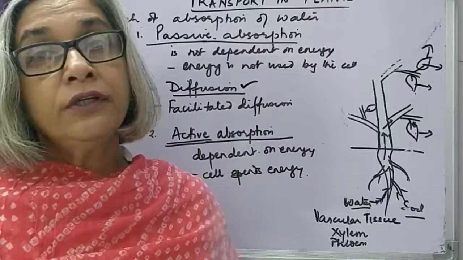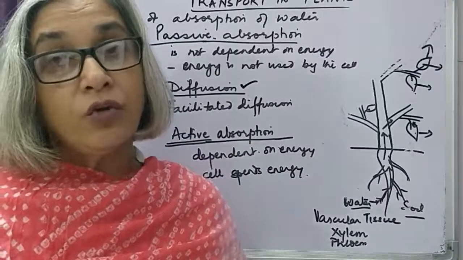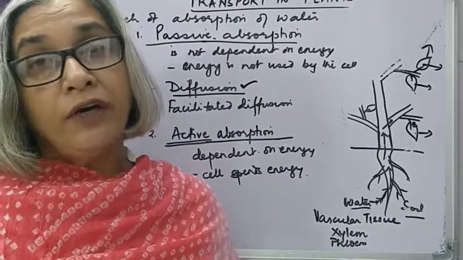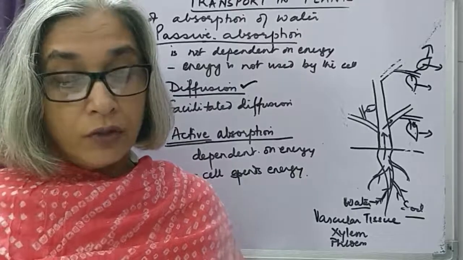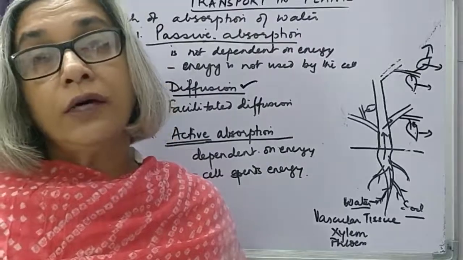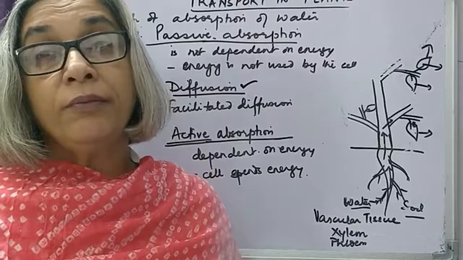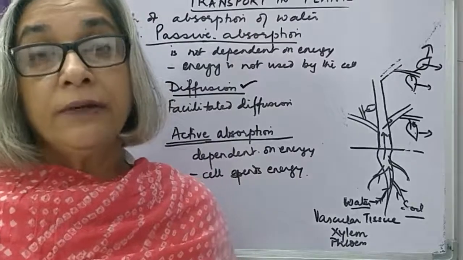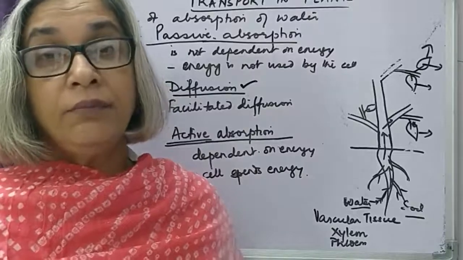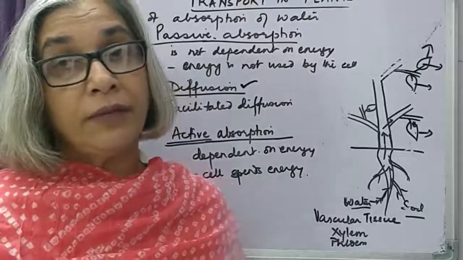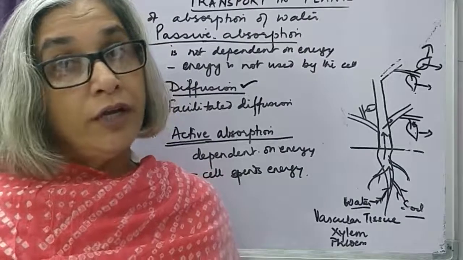The diffusion rate is dependent on temperature, on pressure, on the gradient of concentration, and also on the permeability of the membrane that separates the two regions. In a living system, there will be a cell membrane, so it depends on the permeability of the membrane that separates the two regions of different concentration.